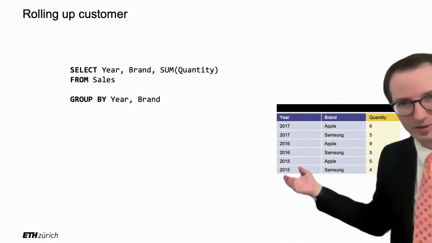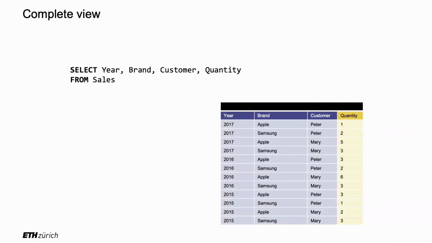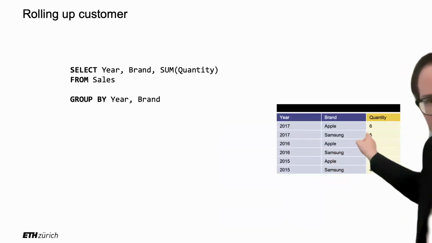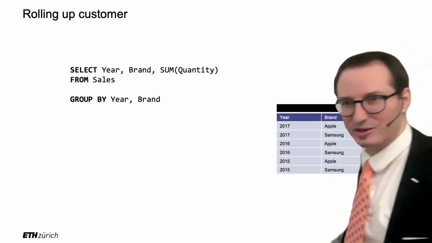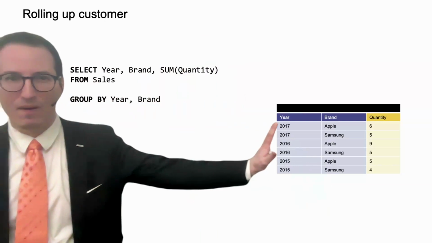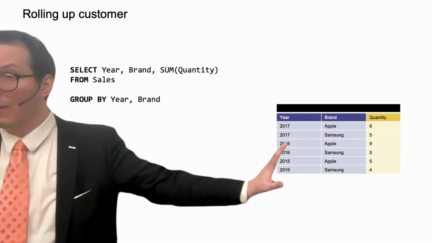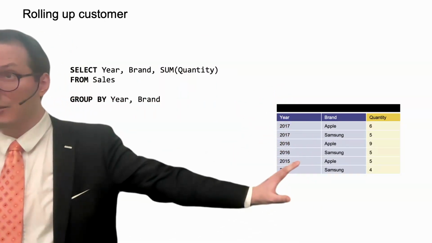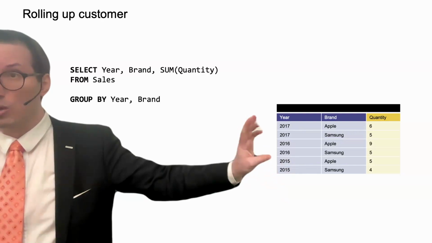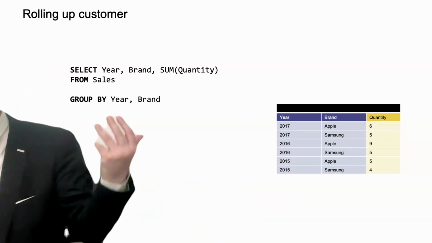Because we aggregate on it. So customer goes away, and this is 1 plus 5, 2 plus 3, so 1 plus 5 is 6, 2 plus 3 is 5, and so on. Okay? So now I have the data that I'm going to put in a cross-tabulated view that corresponds to a roll-up. I rolled up on the customer, and now I have the whole salespeople team. Okay?